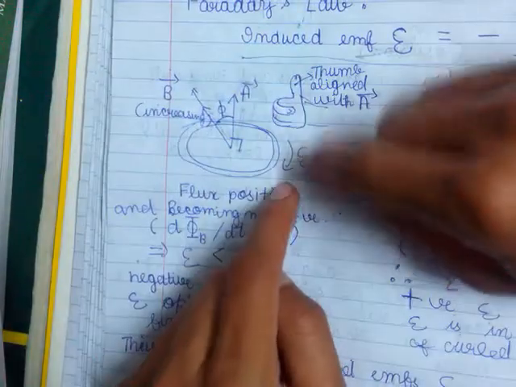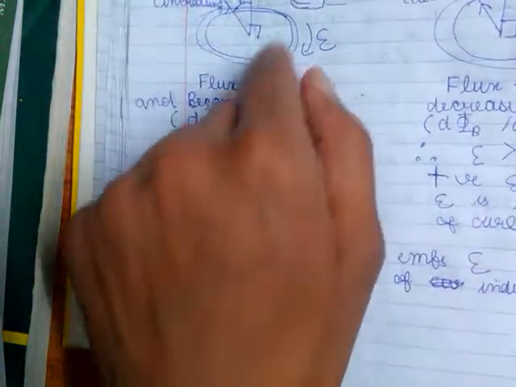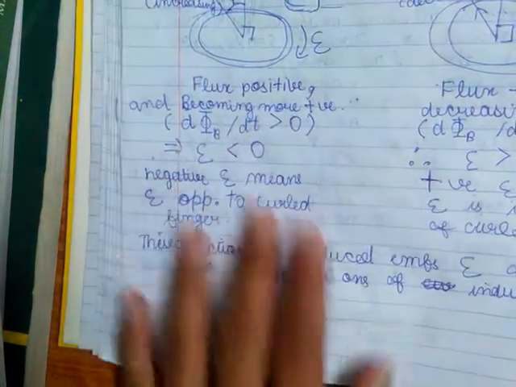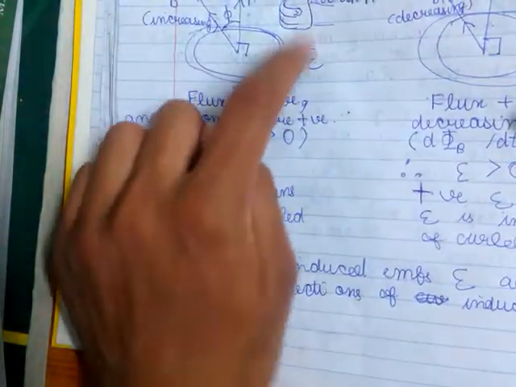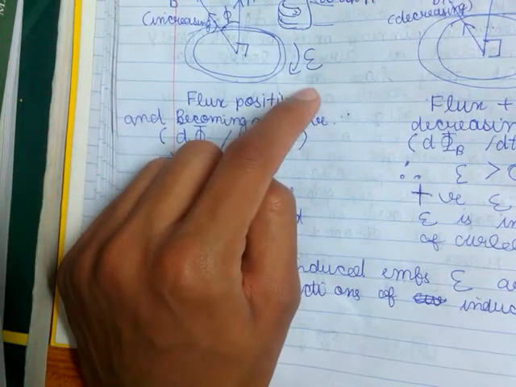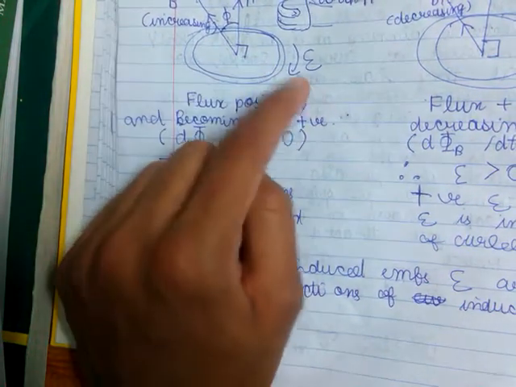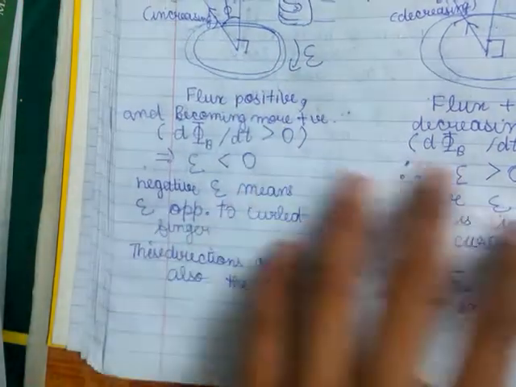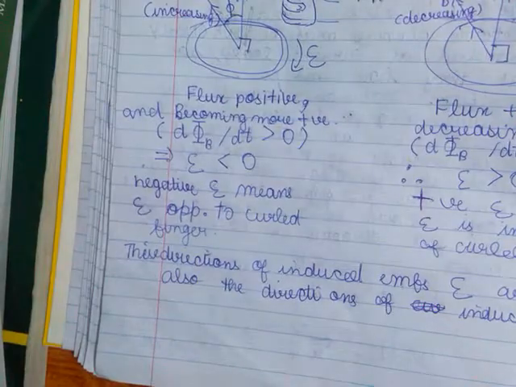Also note that the direction of induced EMF is the same as the direction of induced current, so this also tells you the direction of induced current. Induced current is just the current which originated by changing the magnetic flux.